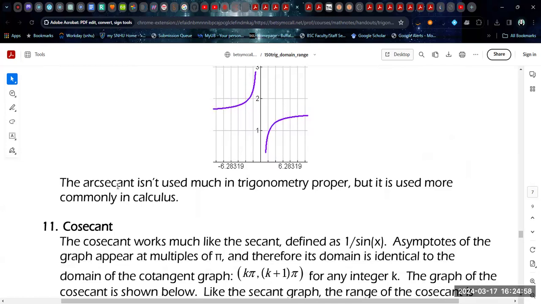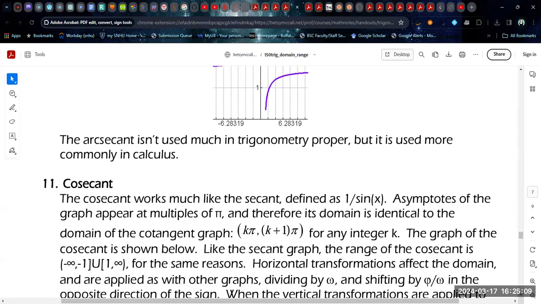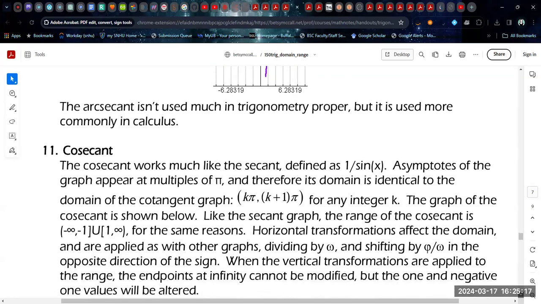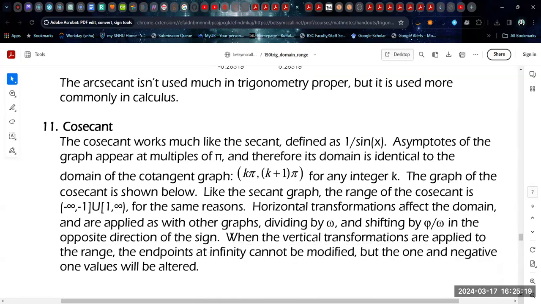We don't actually use arc secant that much in regular trigonometry, but we will use it more in calculus for other reasons. But we don't have to graph it in those cases. We use it a lot for trig substitution, honestly, which is a way of getting around some of the algebra for complicated calculus problems.